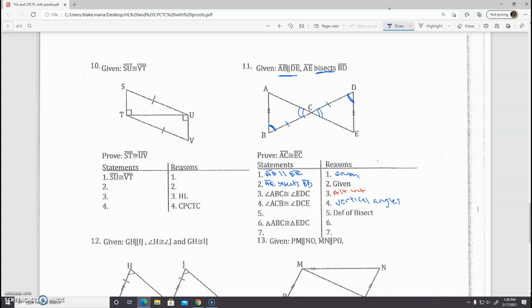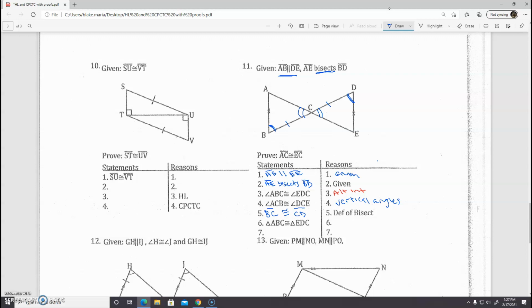All right, we're getting somewhere. Next one says definition of bisect, and we kind of skipped ahead to that before. What does it mean to bisect? It means it cuts into two equal pieces. So AE bisected BD into two equal pieces. So definition of bisect is BC is going to be congruent to CD because of that word bisect.